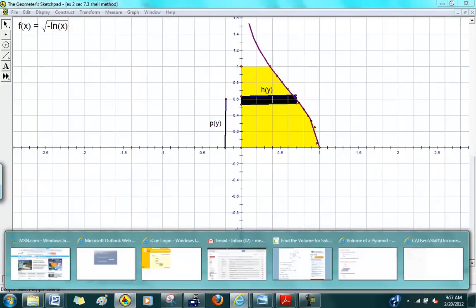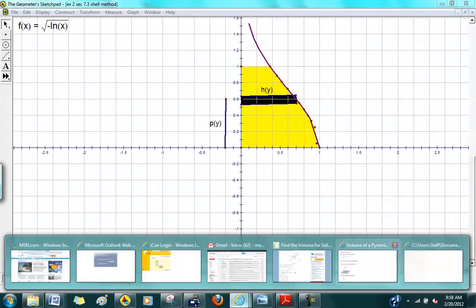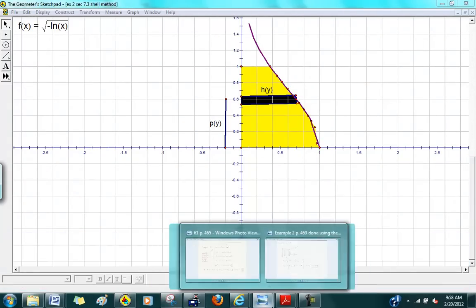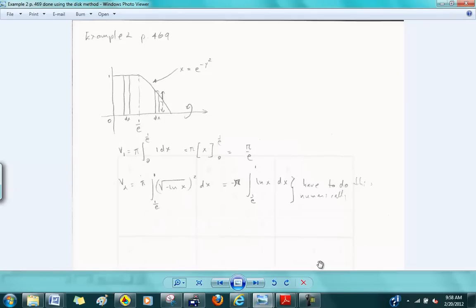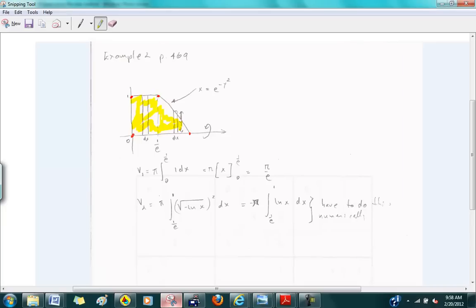Now we are doing the same thing. We are still rotating it about the x-axis, and the region that we are working on is this yellow region here, as shown there.